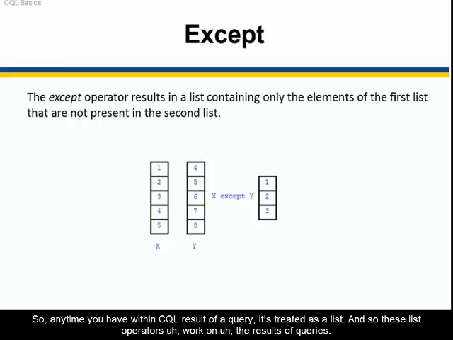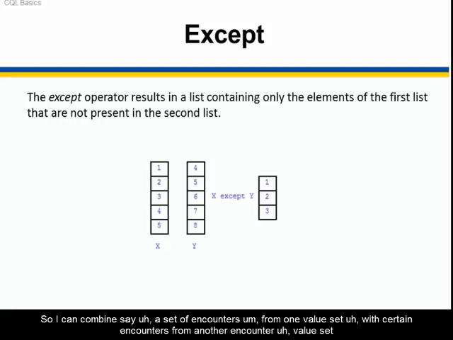So anytime you have within CQL the result of a query, it's treated as a list. And so these list operators work on the results of queries.